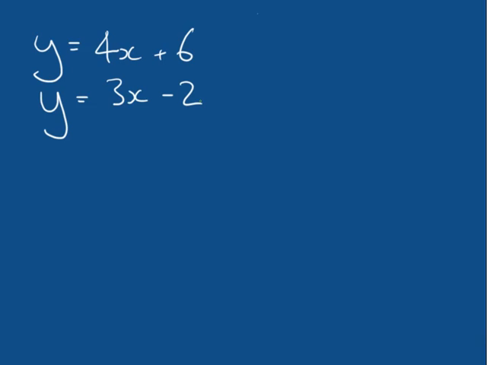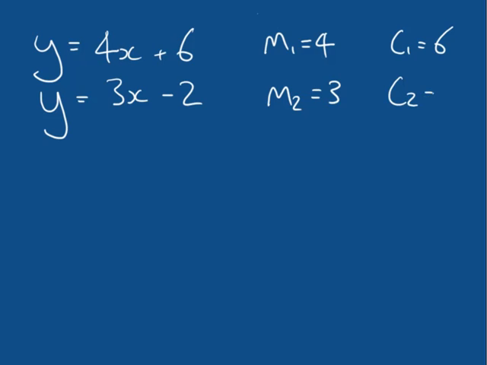So what do we know about this? Well, if I was to say that this is line 1 and this is line 2, then we could say that, okay, we have m1 equal to 4, because the gradient of our first line is 4. C1 is equal to 6, because that's the intercept of our first line. M2 is equal to 3, the gradient of our second line.